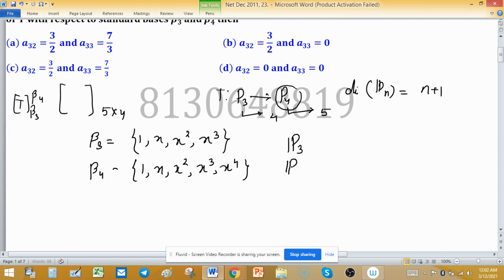This is the standard ordered basis of P4, meaning this entry 1 will generate the constant term, this will generate the linear term, this will generate quadratic, this is cubic, and the fourth-degree term by x raised to the power 4.